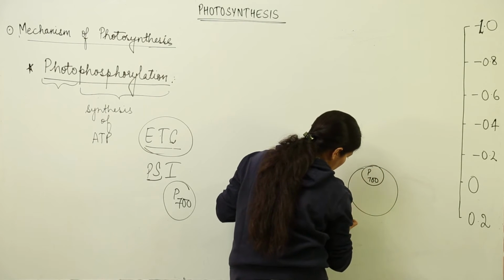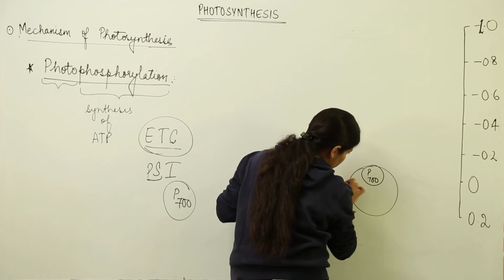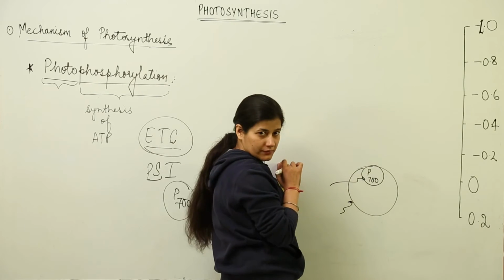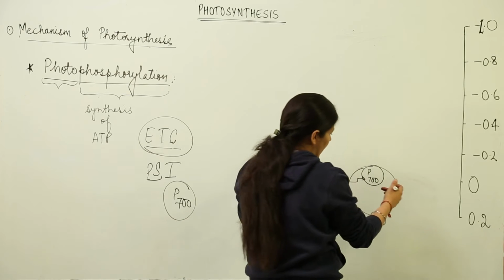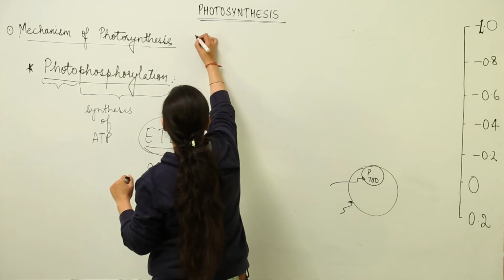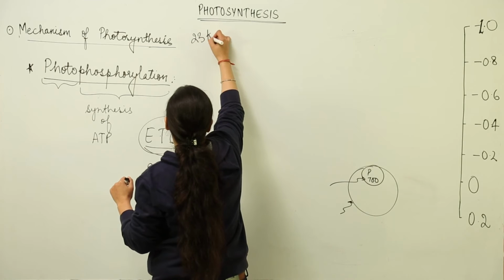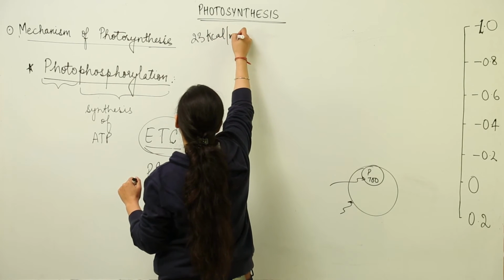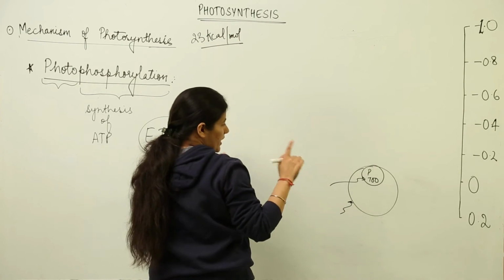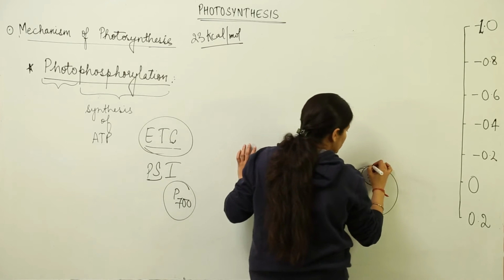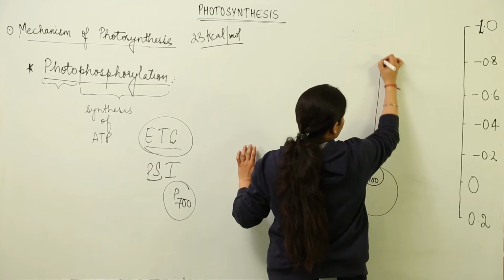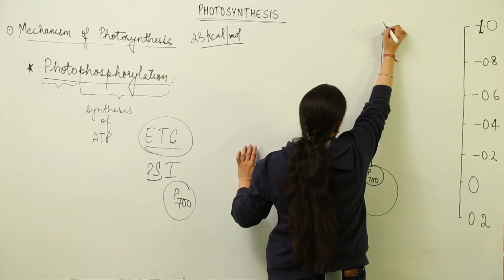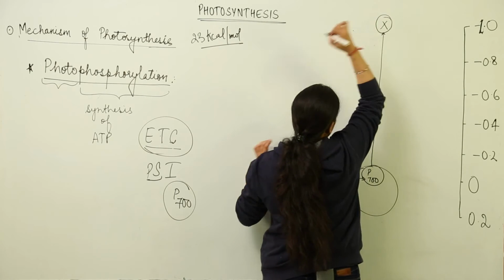The wavelength of 700 nanometer falls on this particular site, and energy as much as 23 kilocalorie per mole, given by a single photon, falls on it. The electron gets excited and is taken up by agent X.